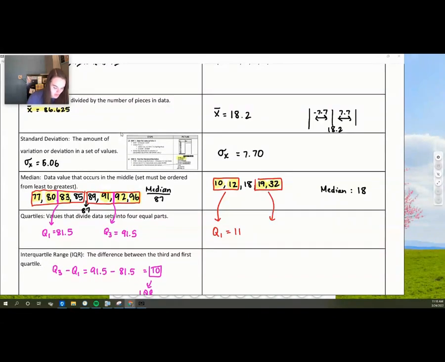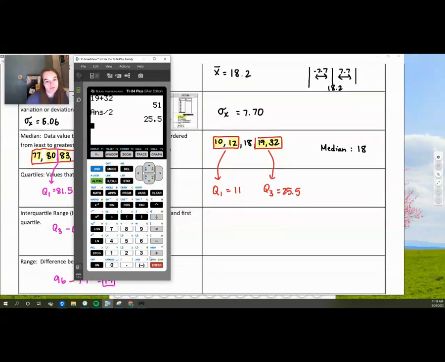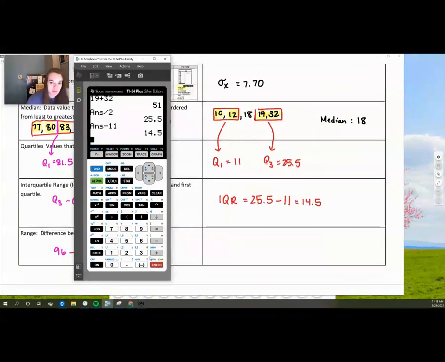And between these two, I'm actually going to have to add and divide. 19 plus 32 divided by 2. So Q3 is 25.5. Okay. IQR is 25.5 minus 11, which is 14.5. And last, 32 minus 10 is 22. Okay. There are the values that I needed.